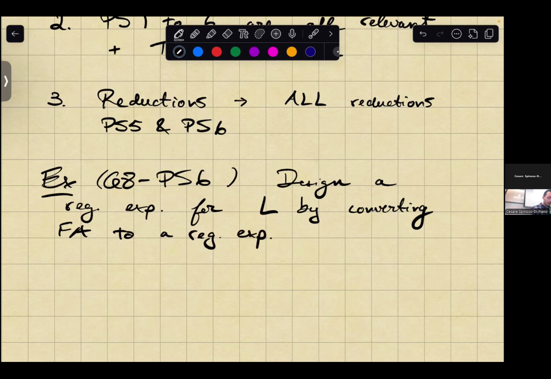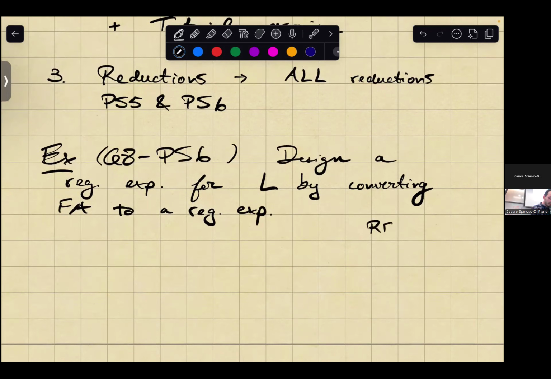Remember in the chapter about regular languages, we saw a bunch of different ways of representing regular languages. We saw DFAs, we saw NFAs, sometimes NFAs with epsilon transitions, and we also saw regular expressions, right? One important result about this chapter is that there are conversion algorithms between each of these.